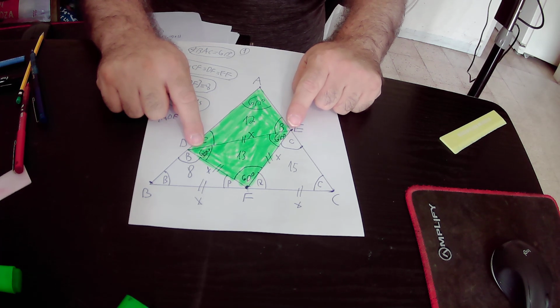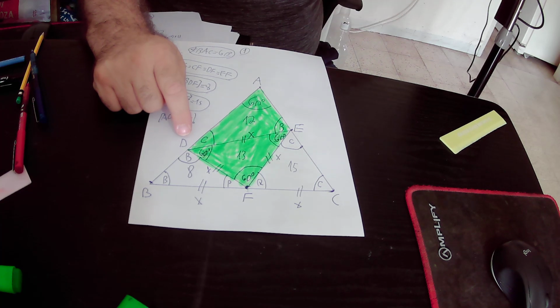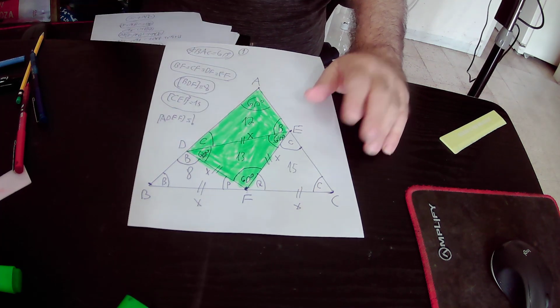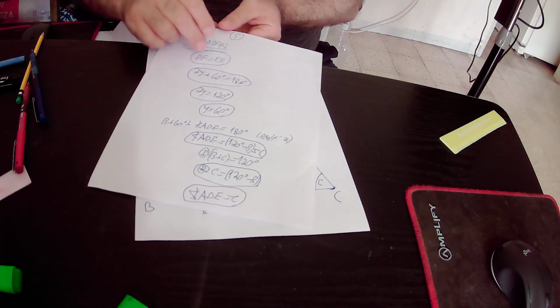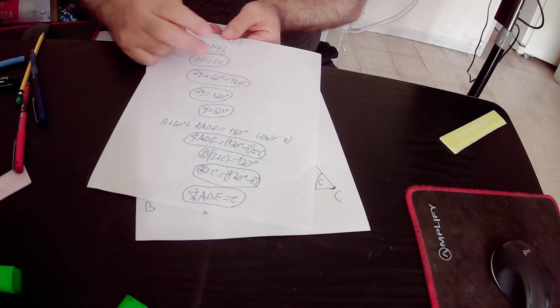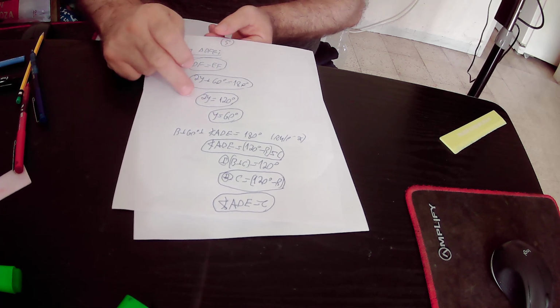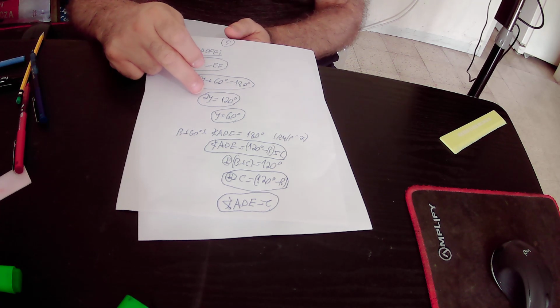Okay, so in triangle DFE, we know that the sum of the angles is equal to 180 degrees. So y plus y plus 60 degrees must be equal to 180 degrees, or 2y plus 60 degrees must be equal to 180 degrees. We subtracted 60 degrees from this equality, and we got that 2y equals 120 degrees. We divided this equality by 2 and we got that y equals 60 degrees.